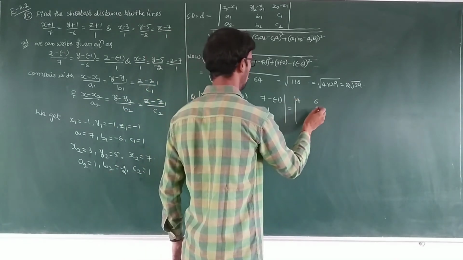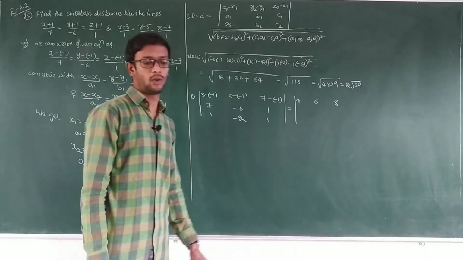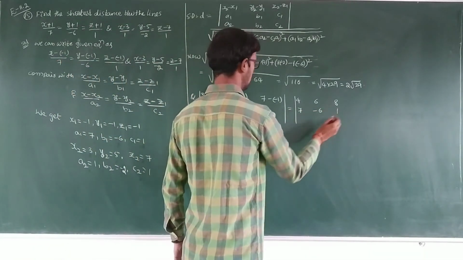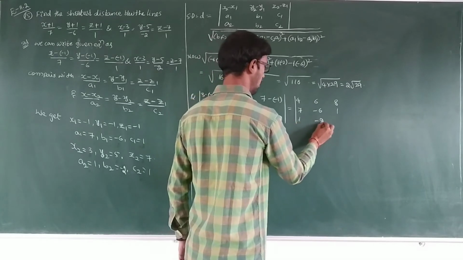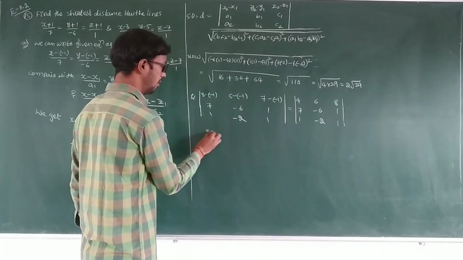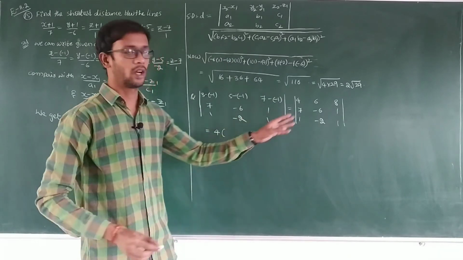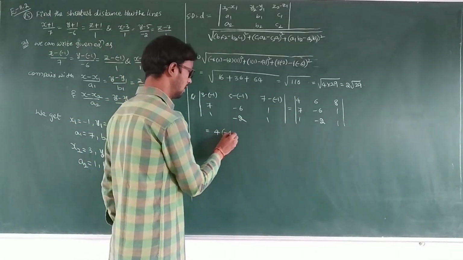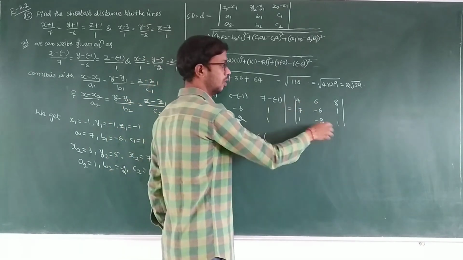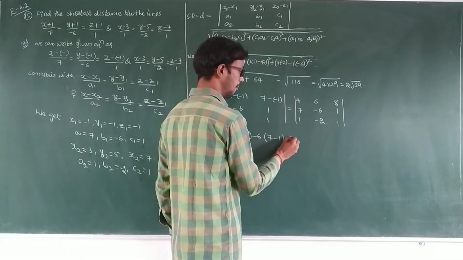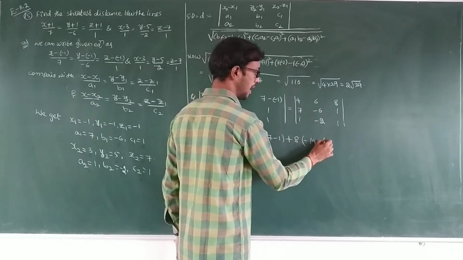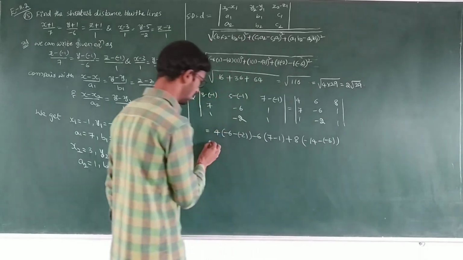4 6 8, 4 6 8, 7 minus 6 1, 1 minus 2 1. So now make the simplification. 4 into minus 6 minus half minus 2, minus 6 into 7 minus 1, plus 8 into minus 14 minus half minus 6.